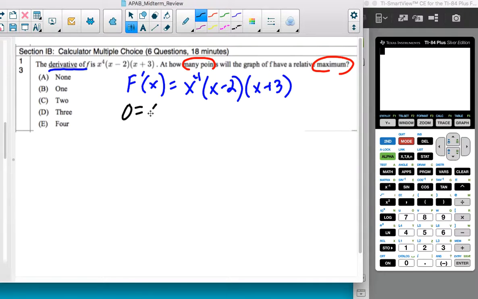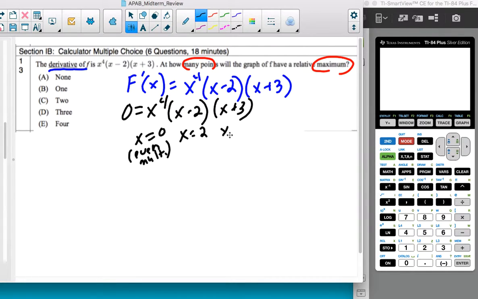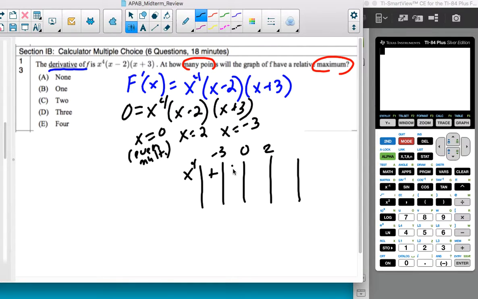I would argue that if I find the zeros of this thing, I'm going to find that the zeros are x equals 0, but it is important that this is an even multiplicity, x equals 2 and x equals negative 3. So if I made a super lazy sign chart using what they already gave me, x to the fourth is always positive except at 0.